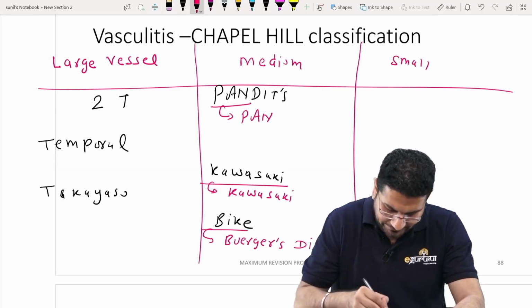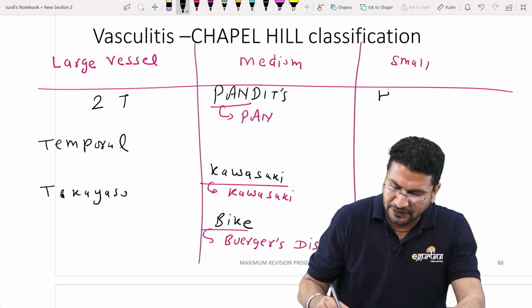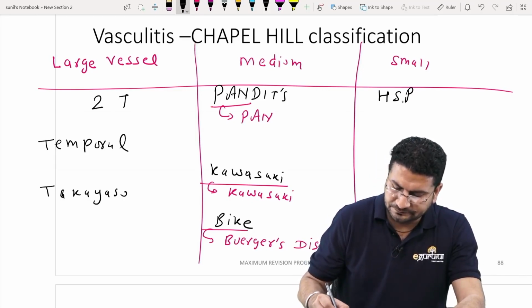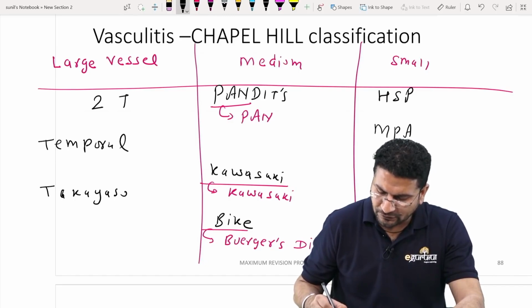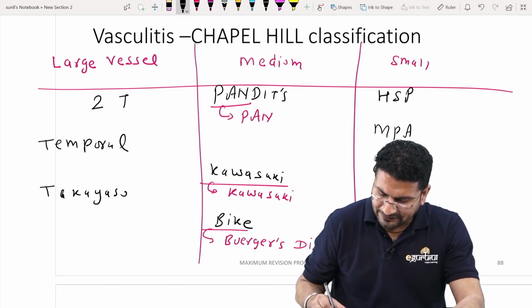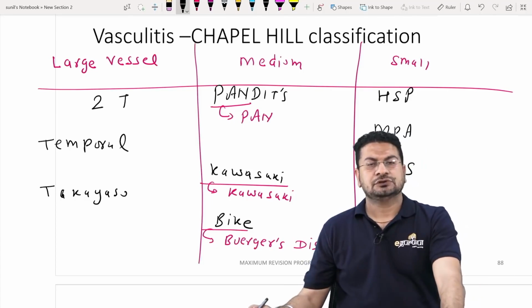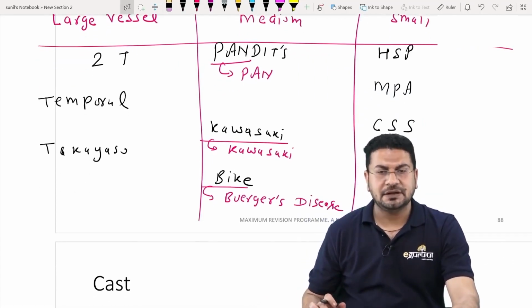Small vessel vasculitis, we have diseases like Henoch-Schönlein purpura, microscopic polyangiitis, Churg-Strauss syndrome, and Wegener's granulomatosis. So this is the Chapel Hill classification.